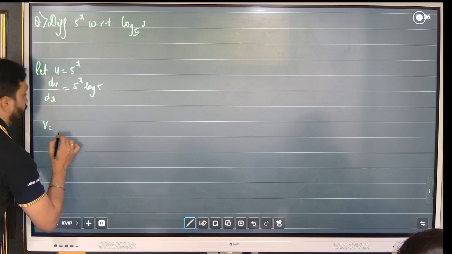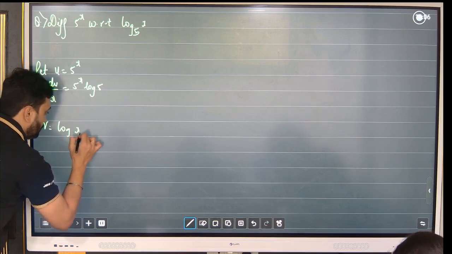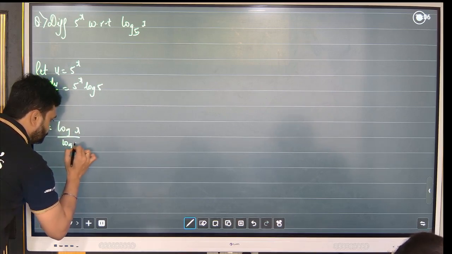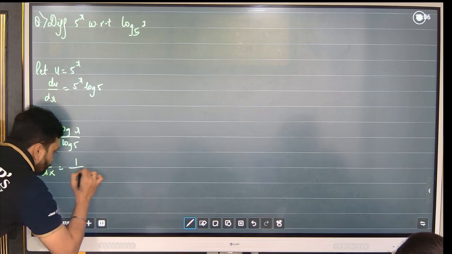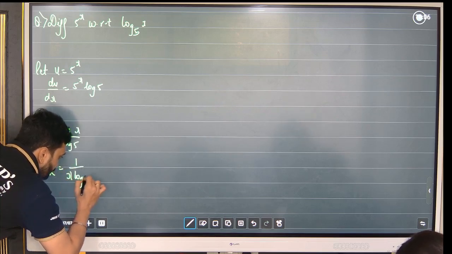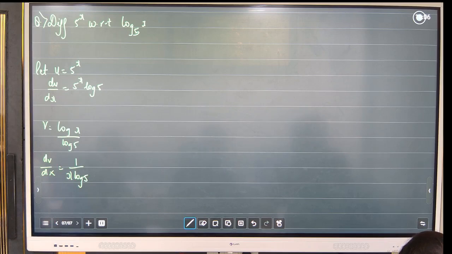I'll take v is equal to log x upon log 5, and if I differentiate this, dv by dx is equal to 1 upon x log 5.